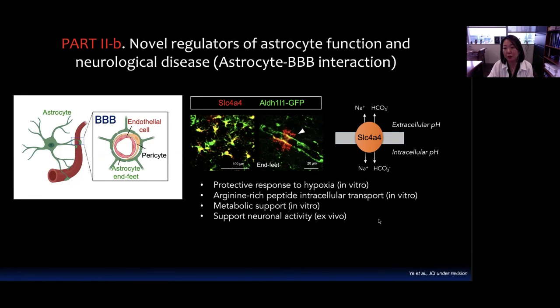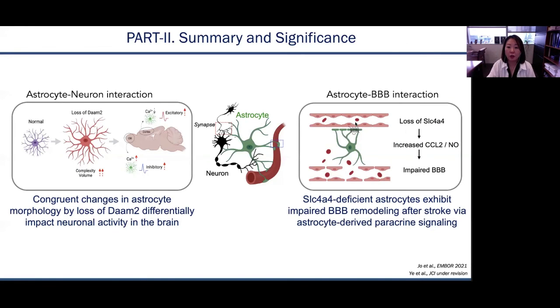I don't have time to go over all the detail, but what we found is, if you remove SLC4A4 specifically in astrocyte, it really increases chemokine and cytokine expression that causes really impaired BBB in development.